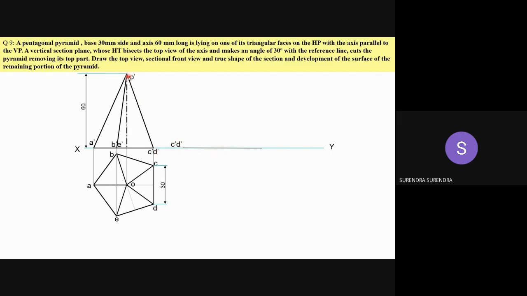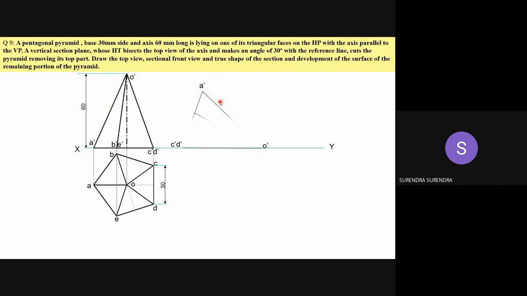Taking C dash D dash as center, measure the distance C dash to O and draw an arc, we will get O dash. Based on these 2 points, transfer the remaining points also. Taking D as center, draw an arc with the distance D to A, and one more arc with the distance O to A. Joining these 2 arcs, we get the point A dash.